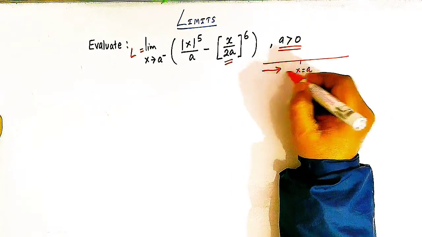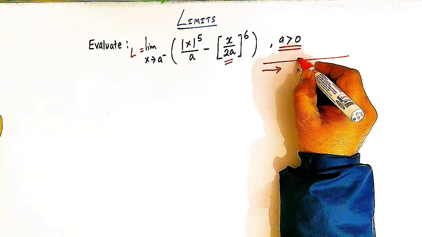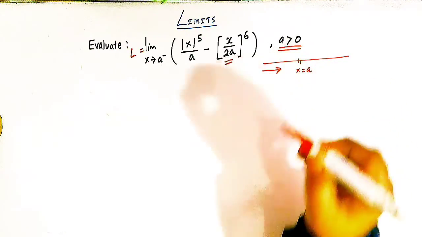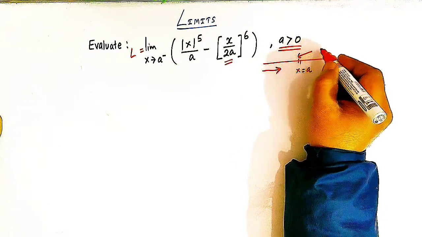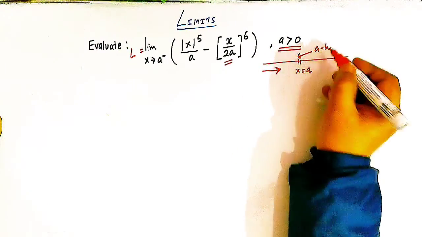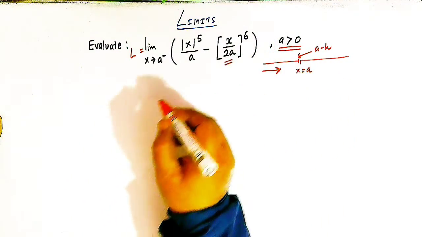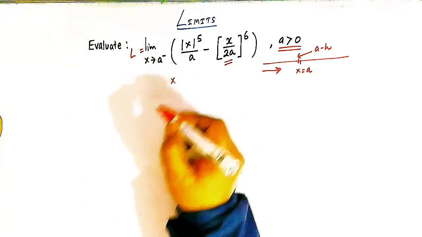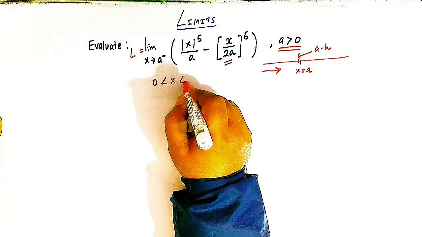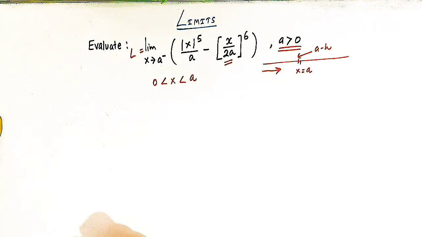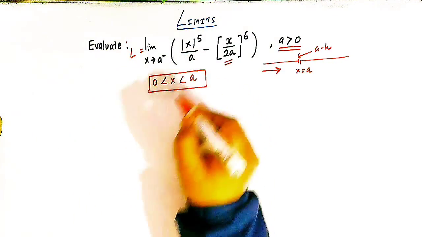When we approach x equal to a, we reach a point in the left neighborhood of x equal to a, and this point is a minus h. Now a is greater than 0, so we have this important inequality, that is x is greater than 0 and less than a. So we'll start from this inequality.